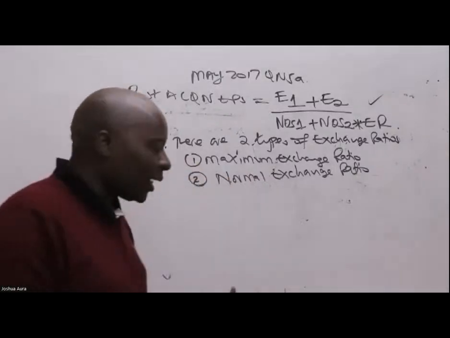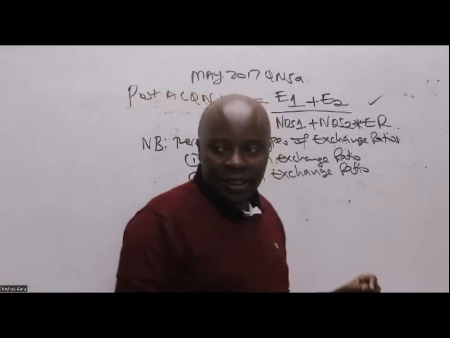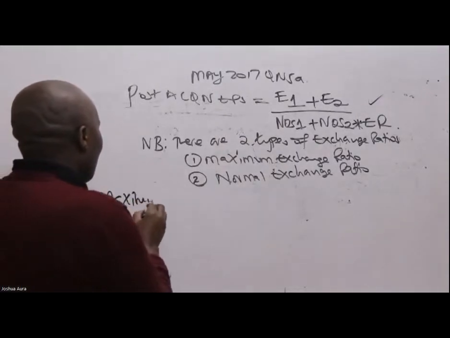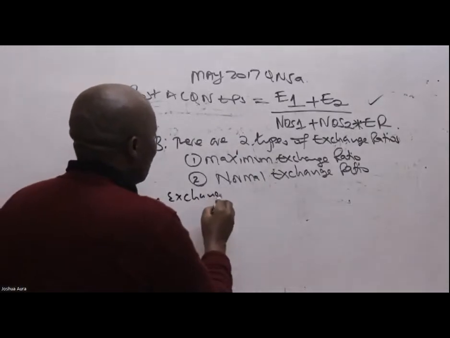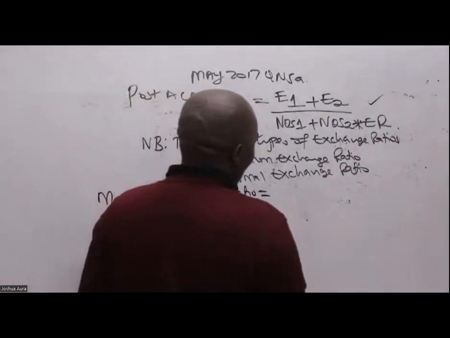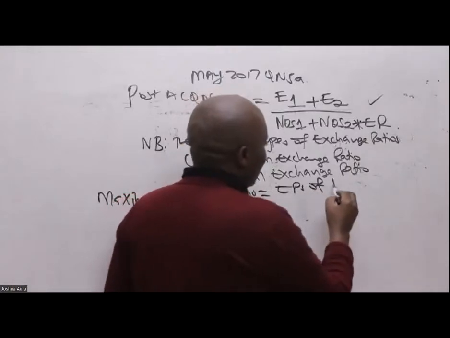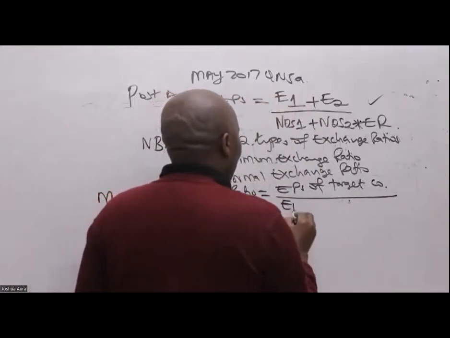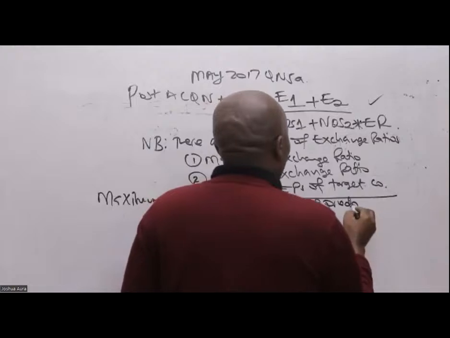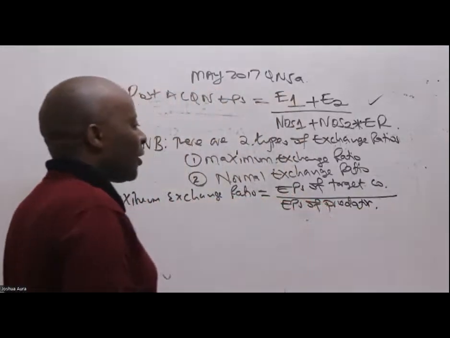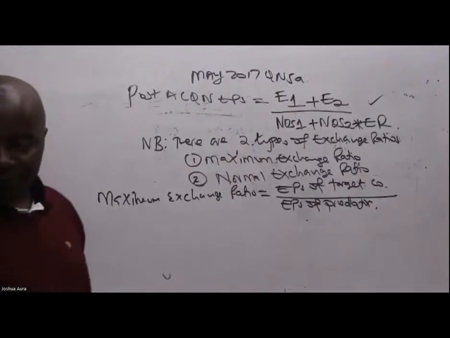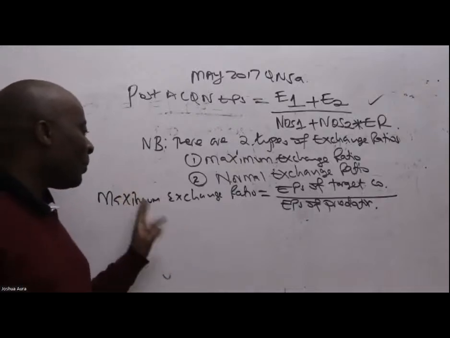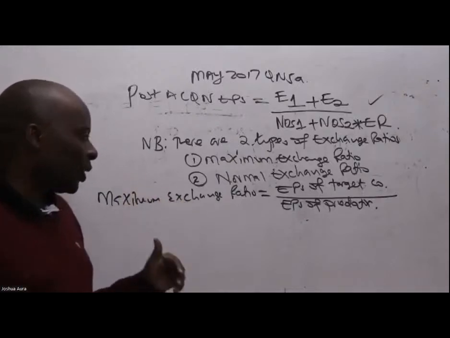Maximum exchange ratio equals EPS of target company over EPS of predator. That's maximum exchange ratio. Unless the examiner specifies that they want maximum exchange ratio, I'll always think of the normal.